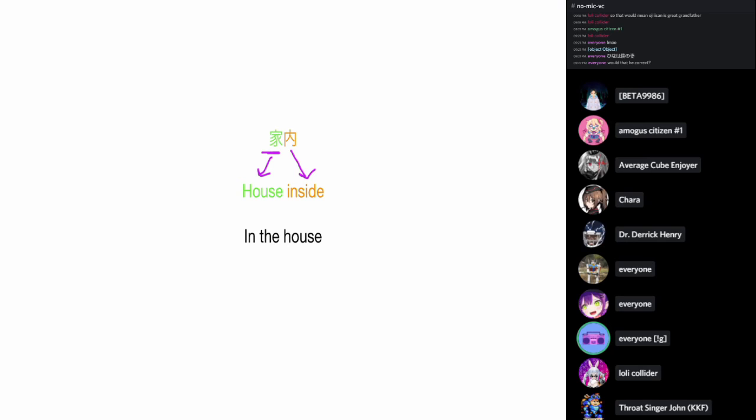So it's maybe something that you might hear someone from the older generation referring to their wife specifically as kanai, but it's not something that I think modern women are going to be particularly happy if you use, and especially not something that you want to be saying about somebody else's wife. You don't want to refer to them as kanai.